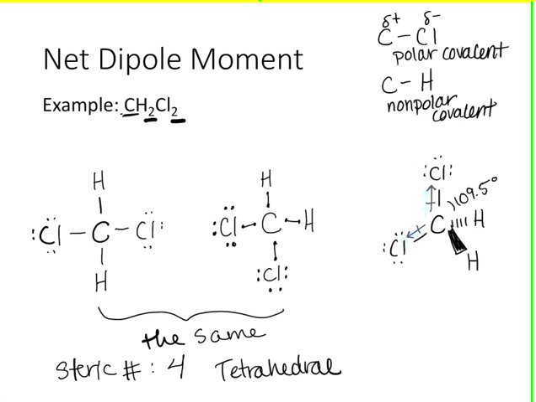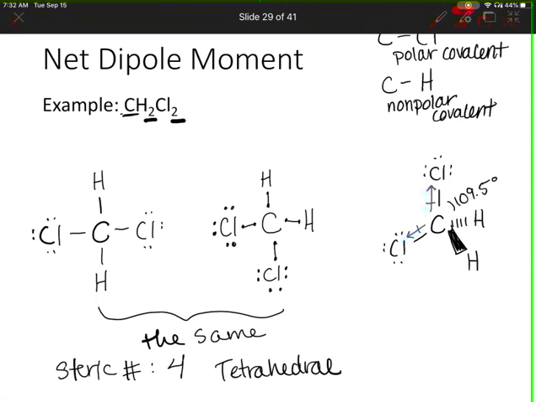Okay, so now let's get into the net dipole moment. We can see that electrons are really attracted to those chlorines compared to carbon. And then we have the nonpolar carbon and hydrogen bonds.